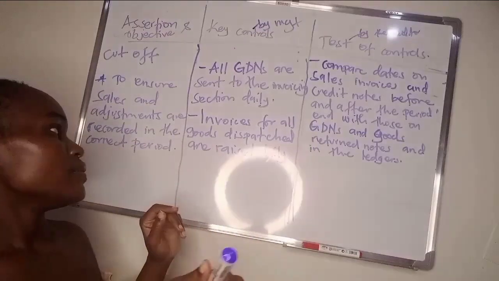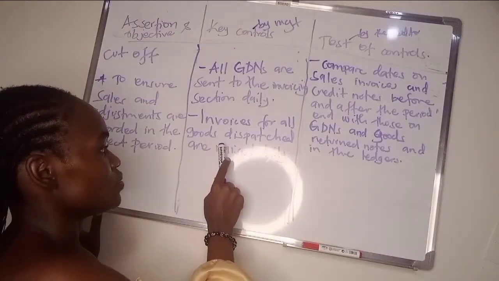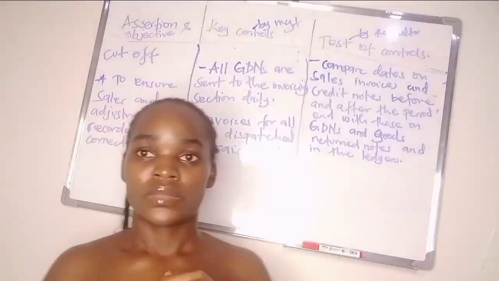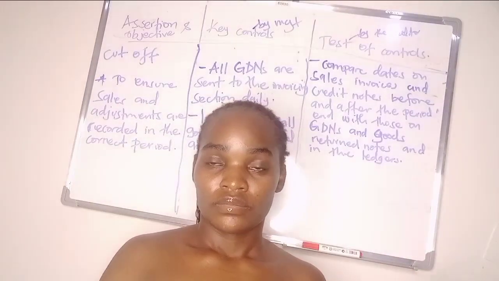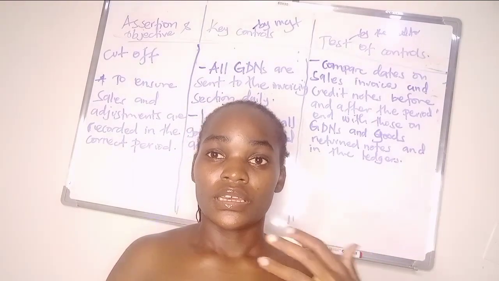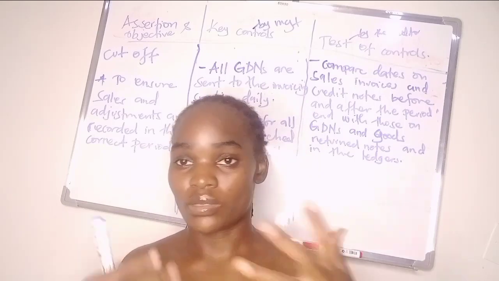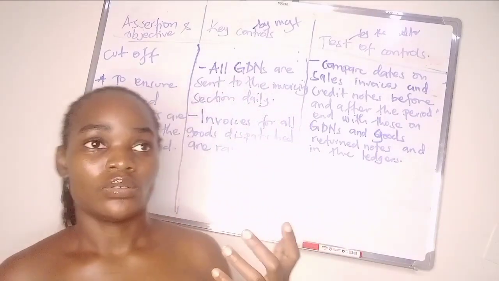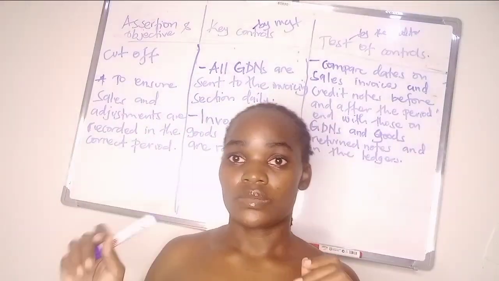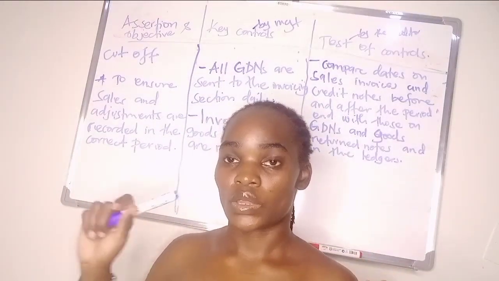Then another way is invoices for goods dispatched are raised daily. If they deliver something, they also come up with its invoice on that very day. So it will help to make sure that sales and its adjustments are recorded in the correct period.